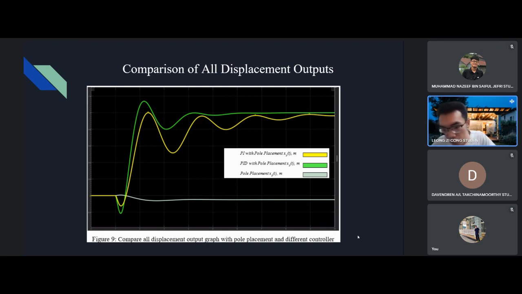Also, we can see the PID has the shortest transient response time, which means that its settling time is shorter than the PI controller. So the PID controller has better performance compared with PI in terms of reducing the transient response.